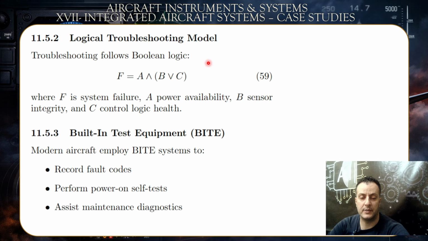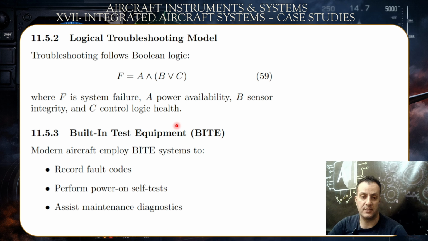Logical troubleshooting model. Troubleshooting follows Boolean logic. So F, which is the system failure, is equal to A, standing for power availability, AND (B OR C). B stands for sensor integrity, which means the sensor is together and working properly, and C represents the control logic health.